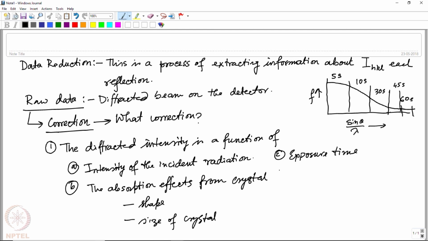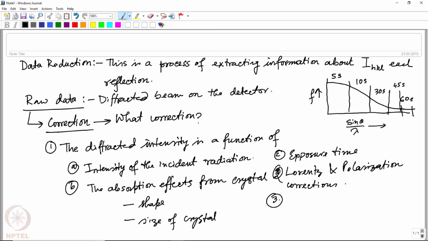There are other corrections which I am just writing here, we will talk about them soon. They are, D, Lorentz and polarization corrections. This I probably should number as point number 2.